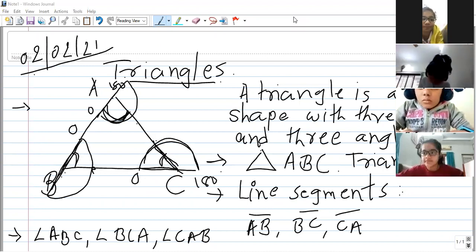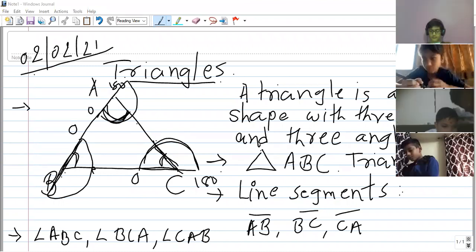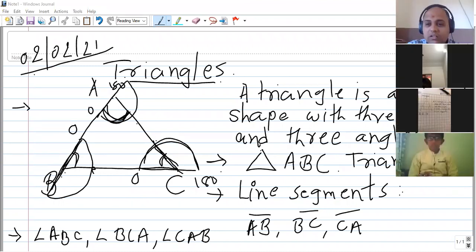Sir, in my one there is no option of chat box, so can I give you the answer? Yes, tell me. Sir, I have measured the triangle. It is 50 degrees, B to C.